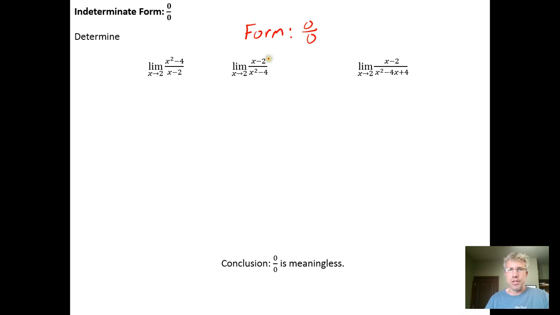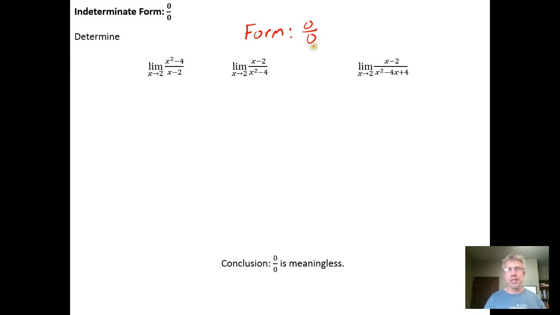Here you get 2 minus 2 is 0, 2 squared minus 4 is 0. Here you get 2 minus 2 is 0. You get 2 squared is 4, 4 minus 8 is negative 4, and then negative 4 plus 4 is 0. So each of these three limits has the form 0 over 0.